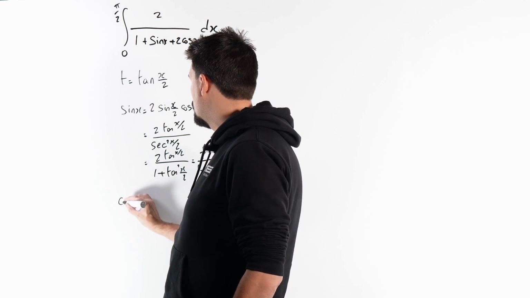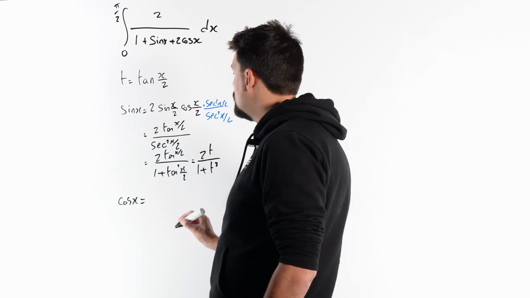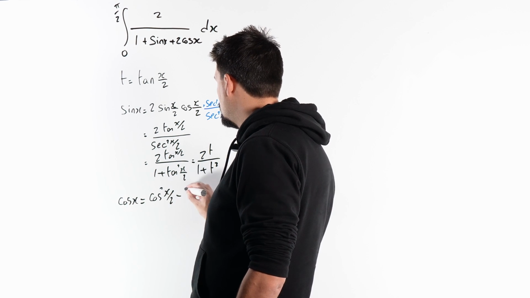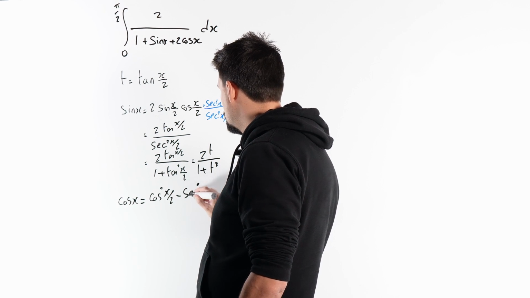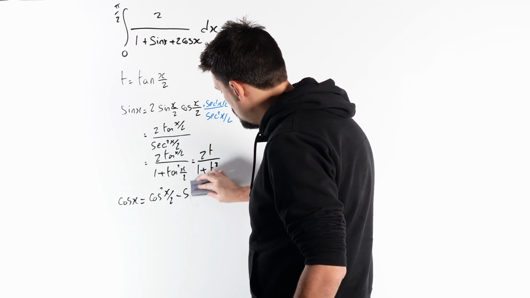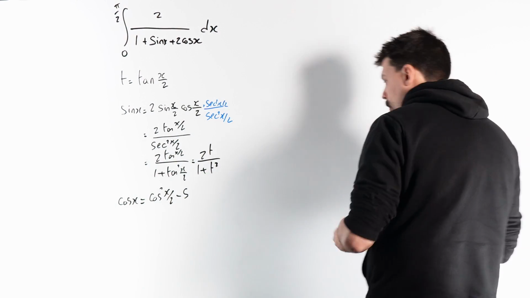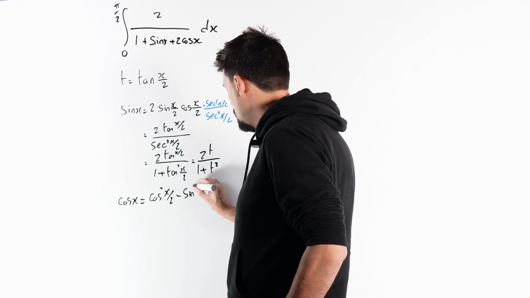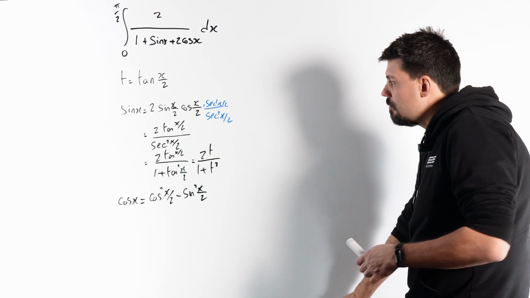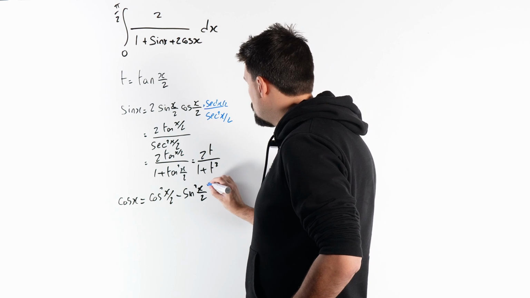Similarly, let's just check cos x. That is cos squared x over 2 minus sine squared of x over 2. We can do the same trick.